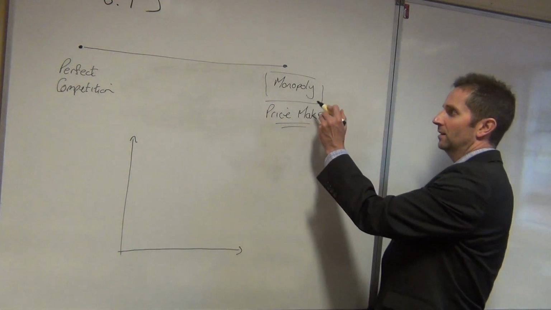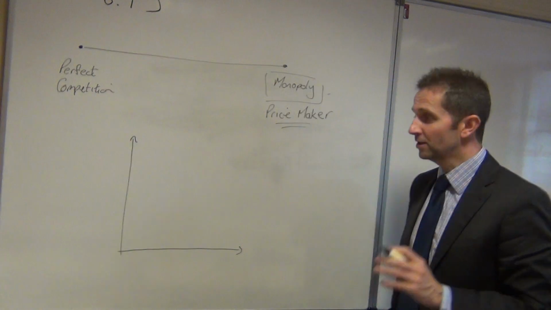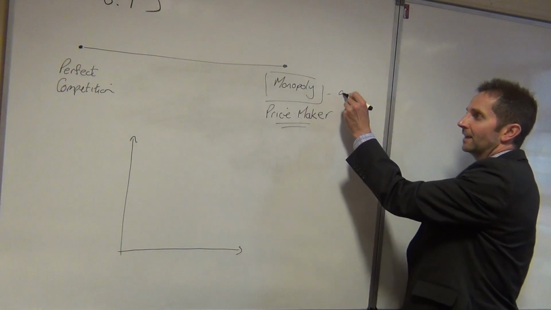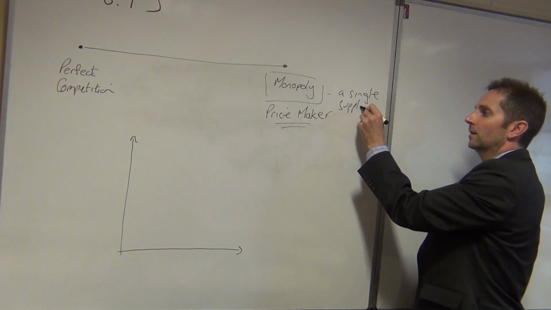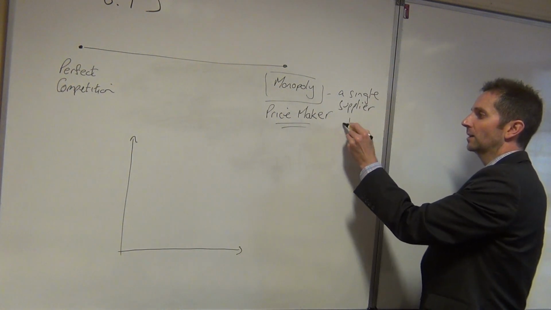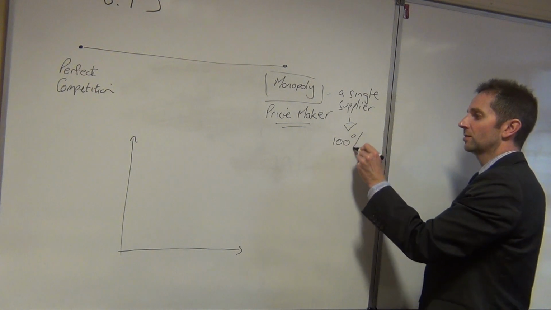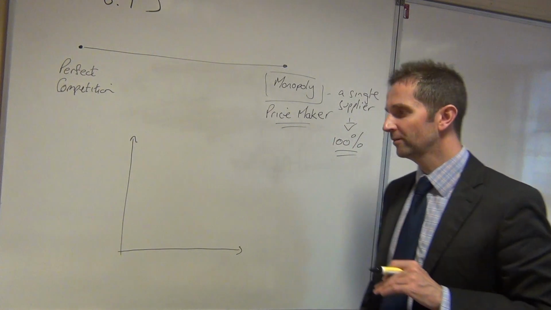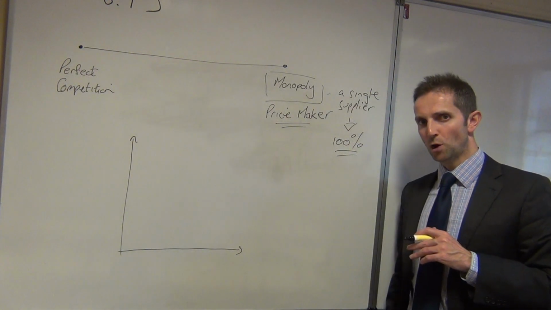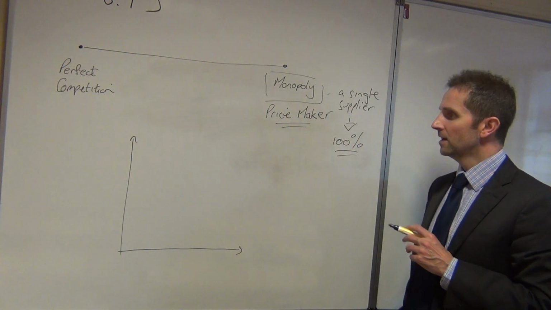Well, of course, the textbook definition of a monopoly is where we have a single supplier, and that single supplier makes up 100% of the market share in theory. In reality, it's only 25% that gives you monopoly status and monopoly power.